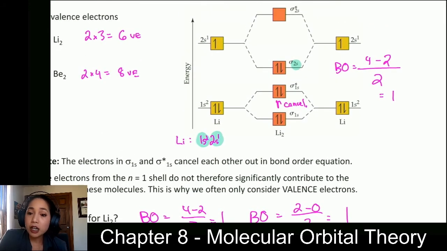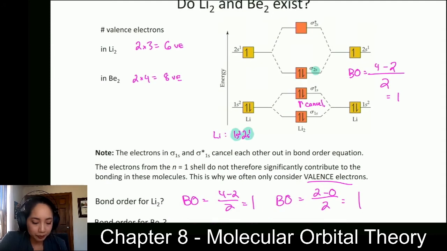So here is another reason why when we think about bonding and chemical reactivity, we only consider valence electrons, because when drawing out the MOs, we see that all of the inner shell electrons cancel, bonding and antibonding. So we don't really have to consider writing this. When we draw MOs, we only have to draw valence shell electrons.